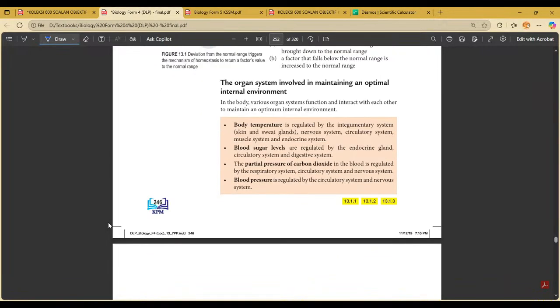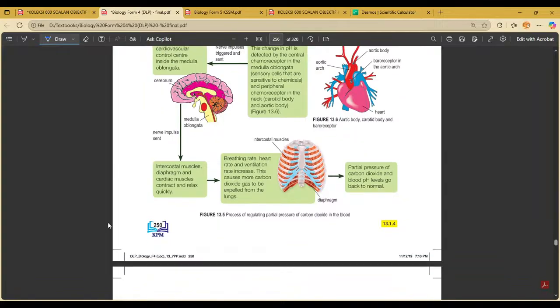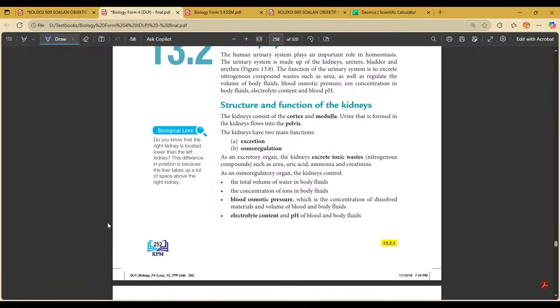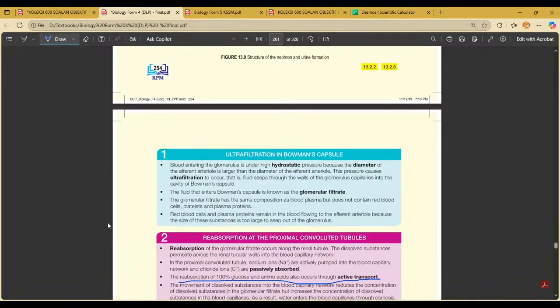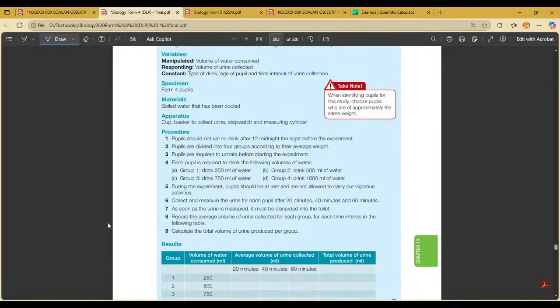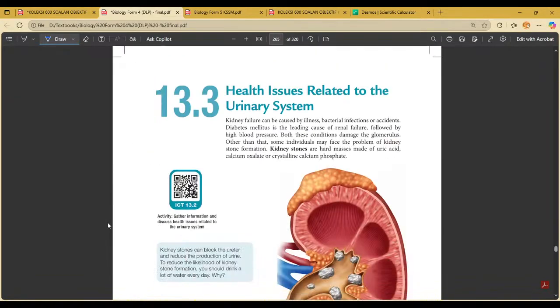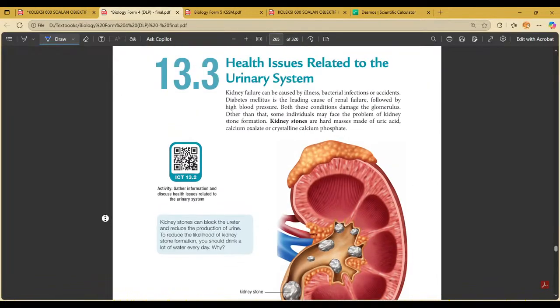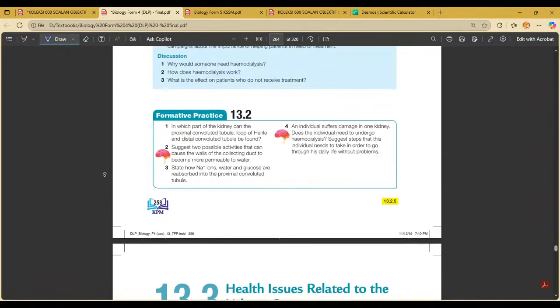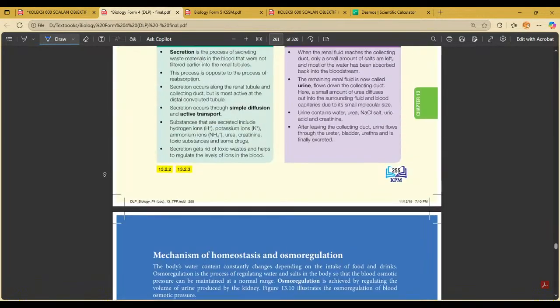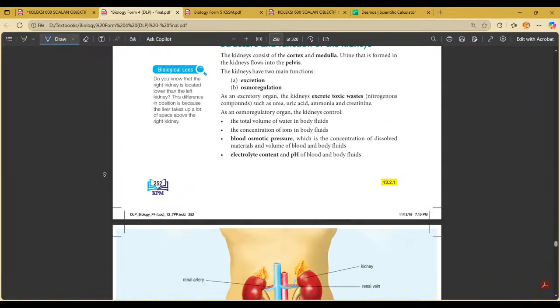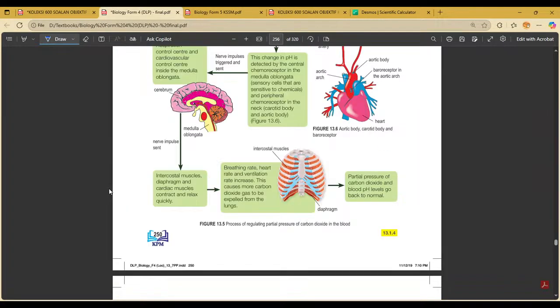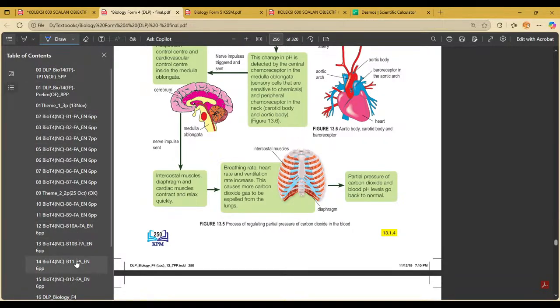Where's hormones? In this chapter, right? This is the second time I'm searching for this. So it's not in this chapter.